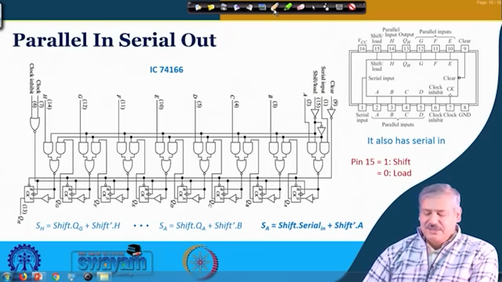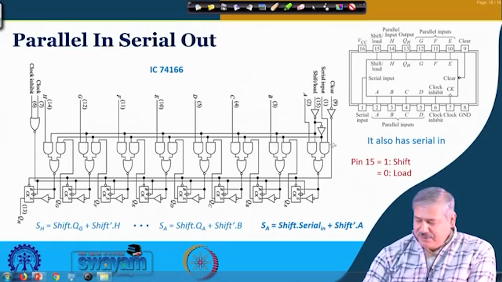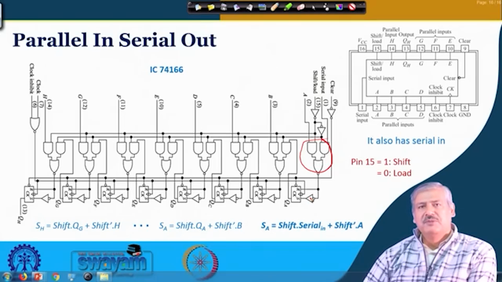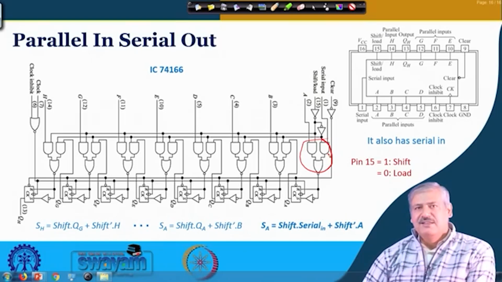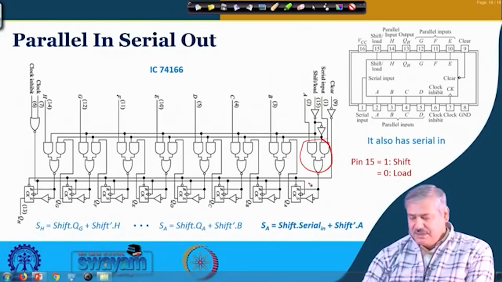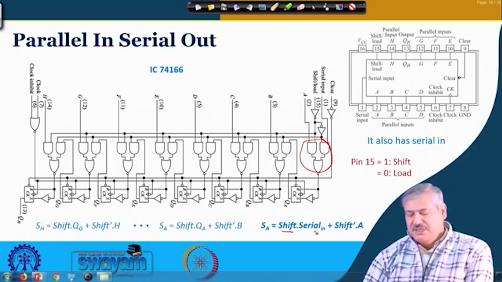So, what is it? This particular block, if you look at it, okay. There is an inverter here and there is an inverter over there. If you put them together, basically it is a SOP realization that you are having. Okay. This SOP realization, if you look at it for SA, okay, this is shift here ANDed with serial in.